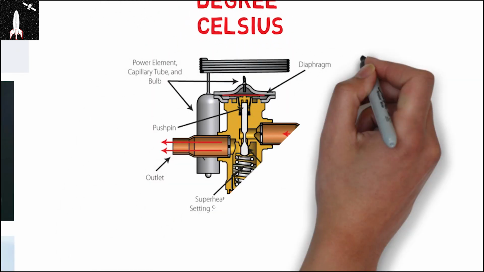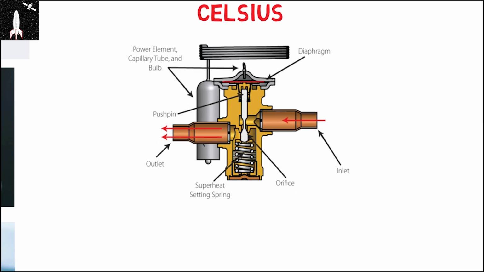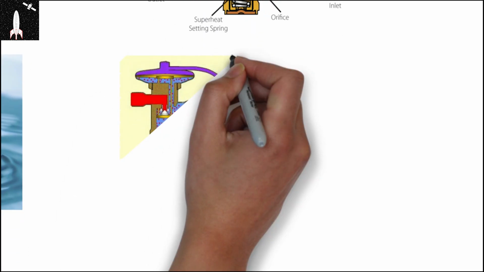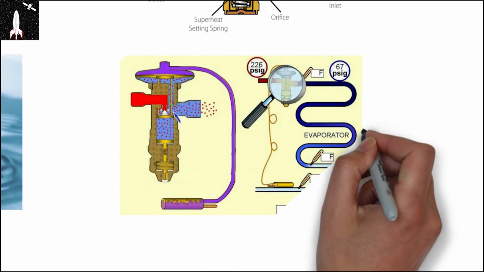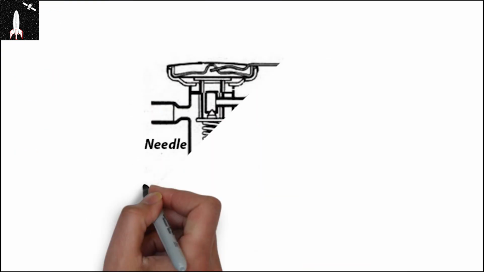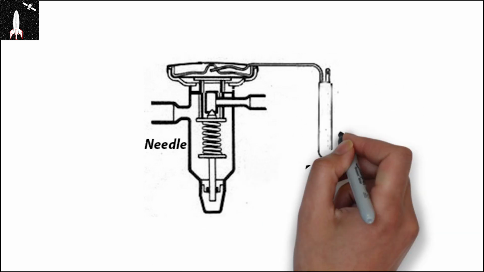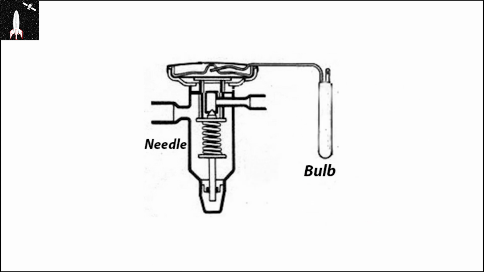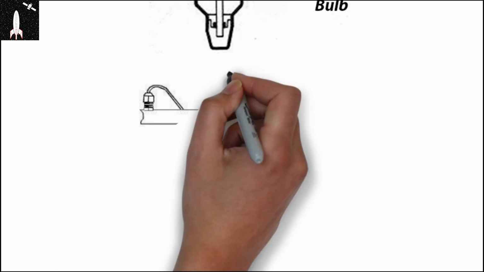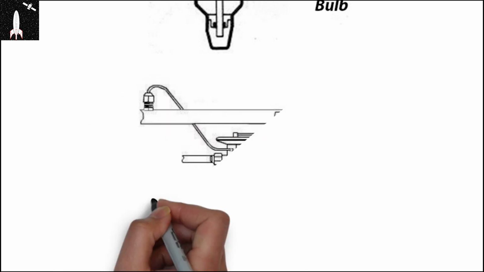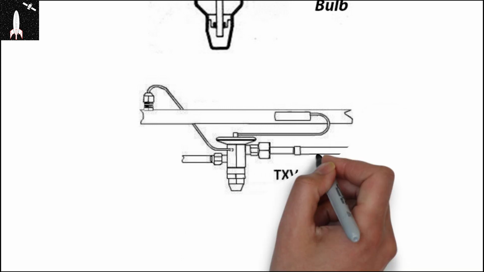Then to make sure that only vapor enters, there is a special kind of valve called thermostatic expansion valve, which in short is known as TXV. The TXV is almost the same as the expansion valve, but in this the temperature of the bulb controls the needle. The bulb is connected to the evaporator exit. The refrigerant inside the bulb is separated from the main refrigeration cycle by a diaphragm.